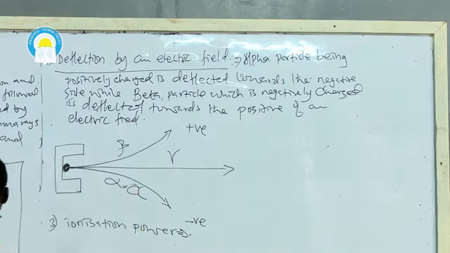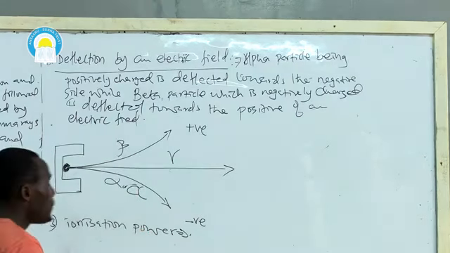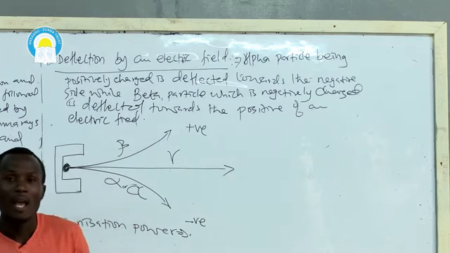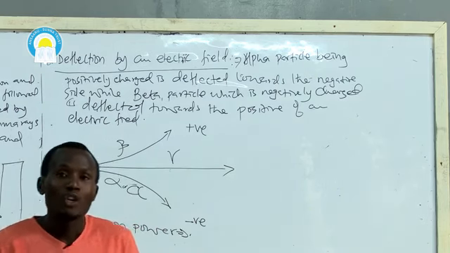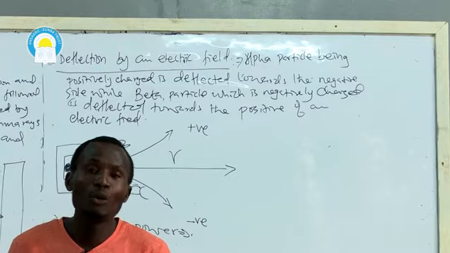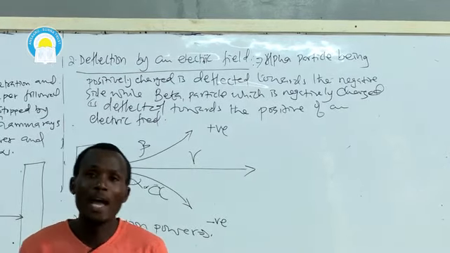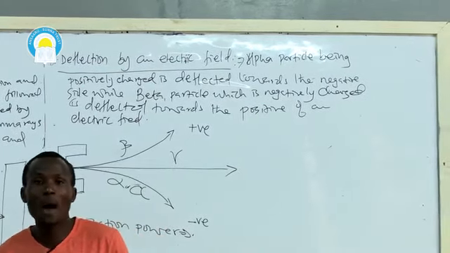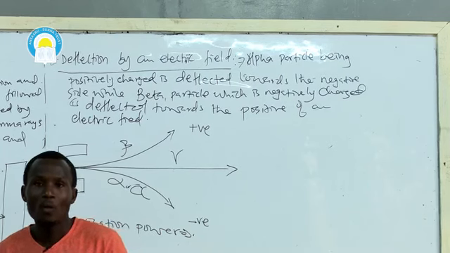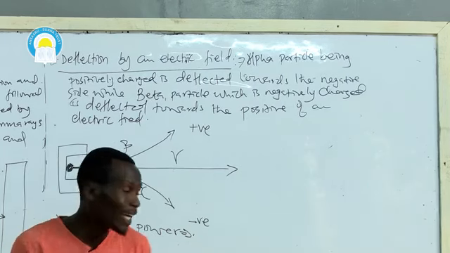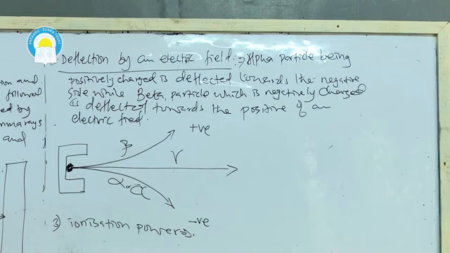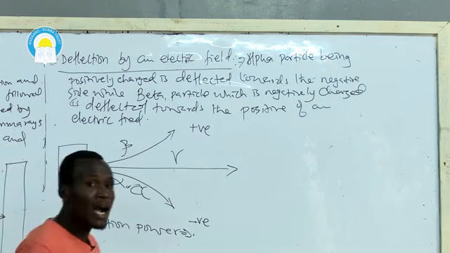An alpha particle, being the heaviest and slowest in terms of movement, will have more time to ionize or to form ions in the air when targeting the object, followed by the beta particle, and lastly we have gamma rays.